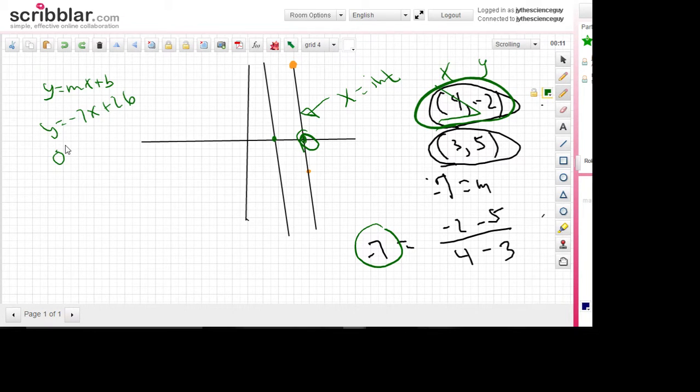How do you find it when it just gives you the one number? Okay. Well, how do we find the intercept before? When I was looking for the x-intercept, what did I do to the y? I just did that. Because you told me how to do it. You filled in with the other number.